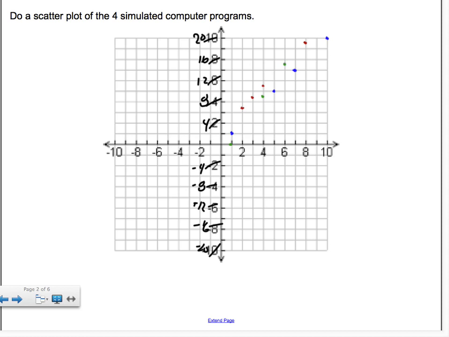Right here. 2 and 3. Okay, one last example.